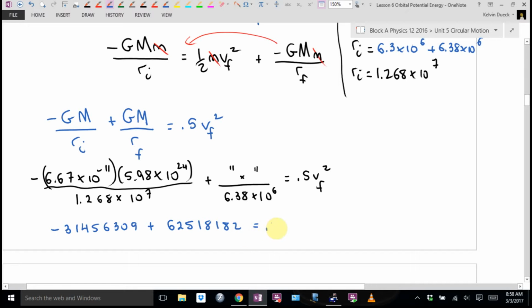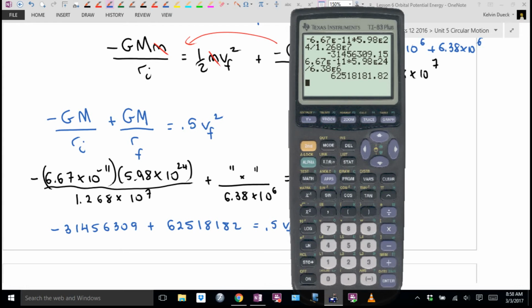That equals 0.5 VF squared. By the way, if like me you're extraordinarily lazy, instead of deleting the negative, because that requires you to backspace all the way to the beginning, you can also just multiply your answer by negative 1 to get rid of the negative. Have you got that answer now on your screen?